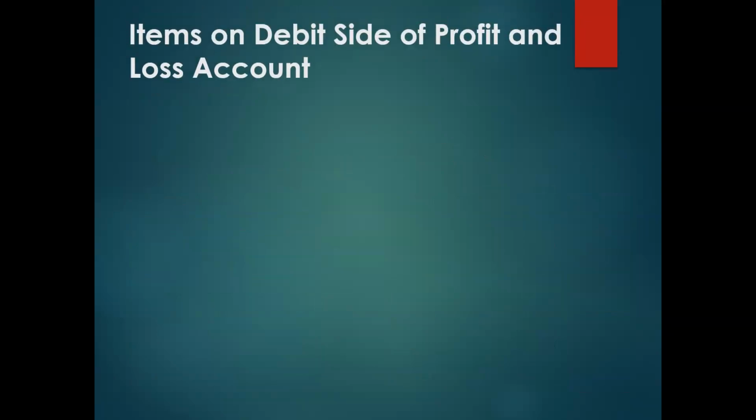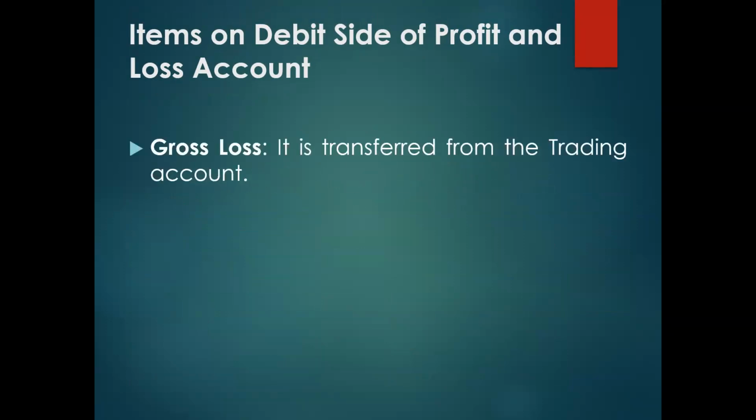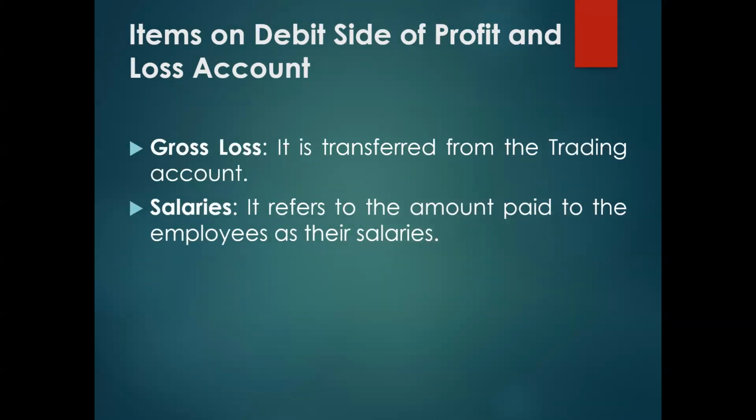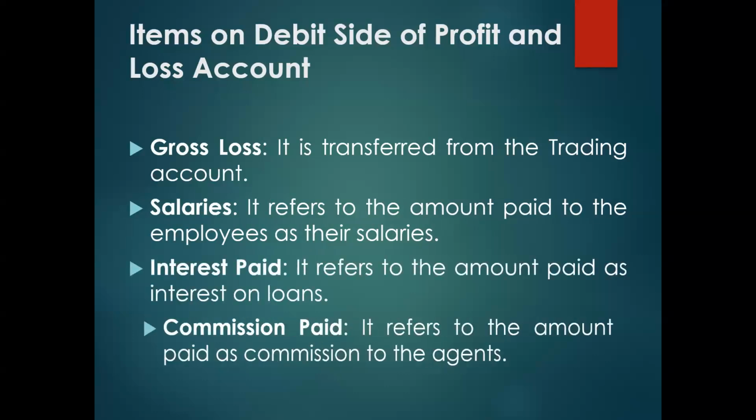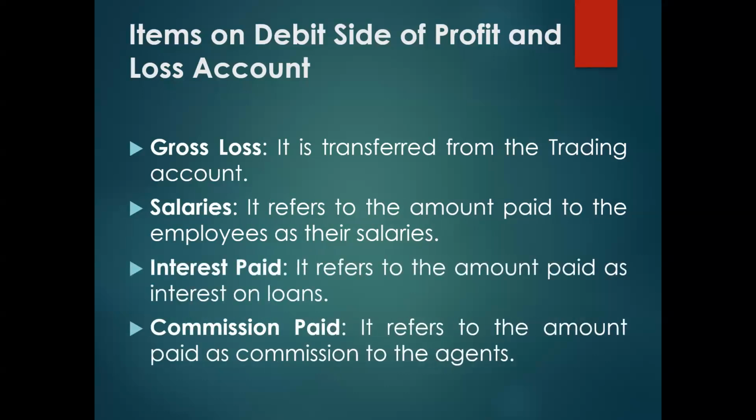Okay. Yes, ma'am. So I have given a detailed explanation about what should come on the debit side of the profit and loss account: gross loss, which is transferred from the trading account, salaries and wages, interest paid and commission paid.